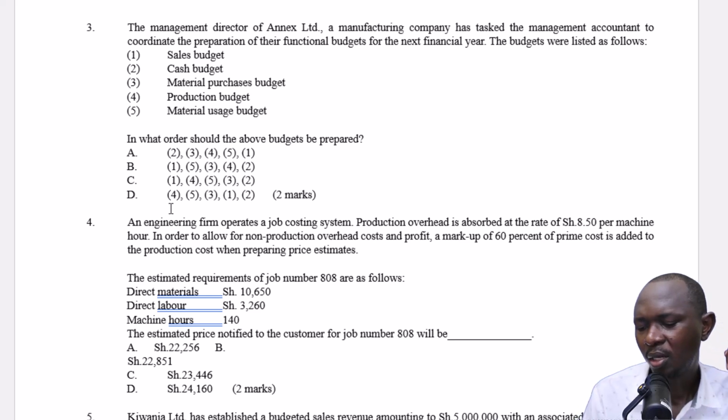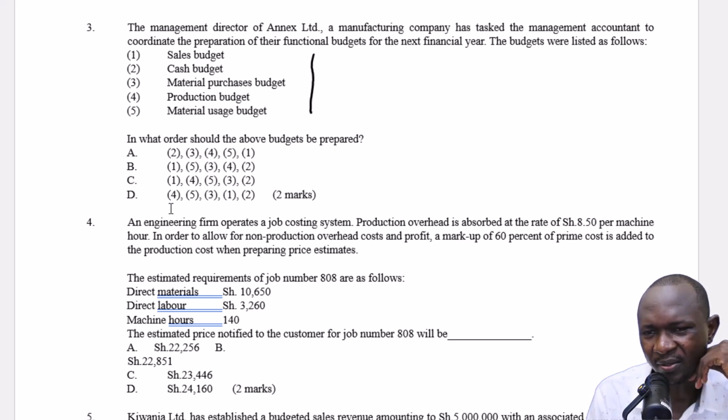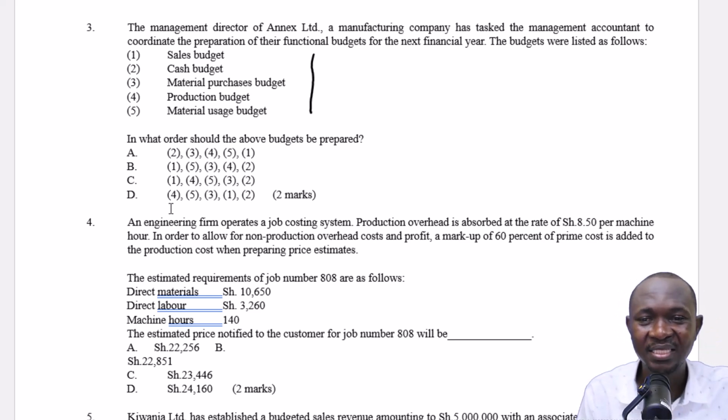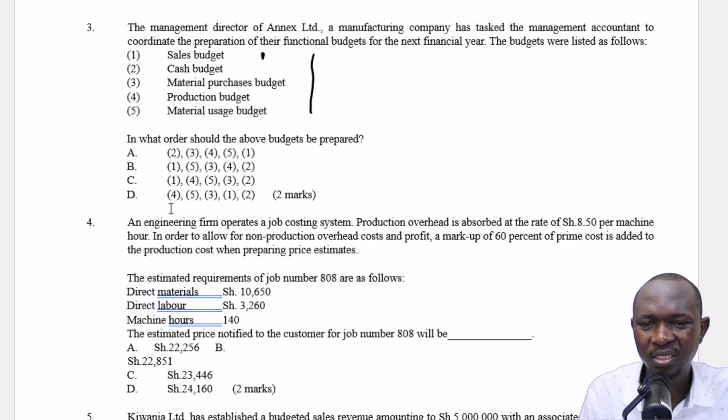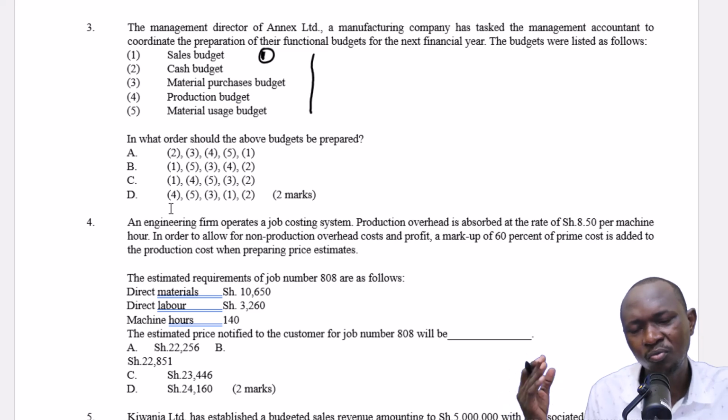The order matters a lot, because if you check all this, one budget will lead to the other. In this case, the budget that normally comes first to set the pace is the sales budget. This one will always come first. Why? It is prepared first because it is the one that determines the volumes to be produced.